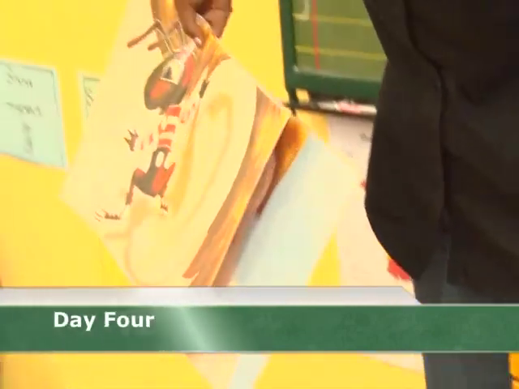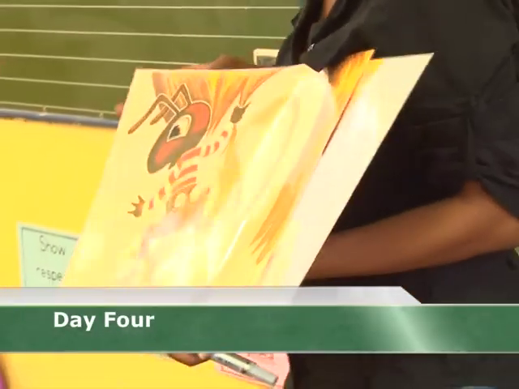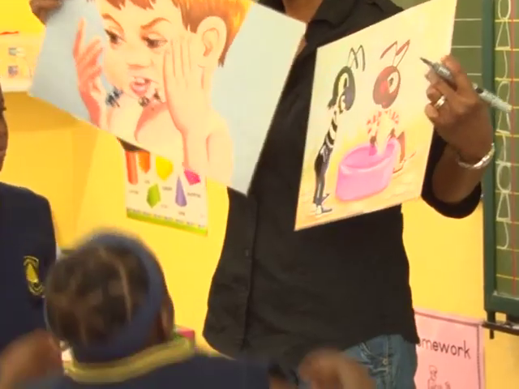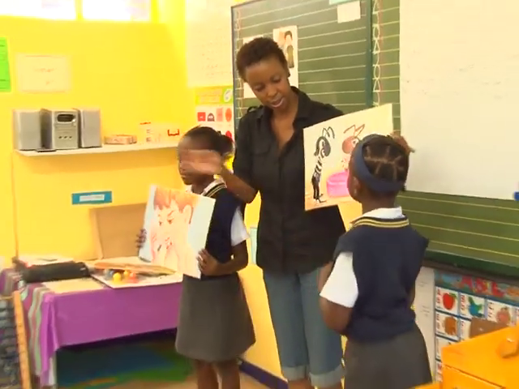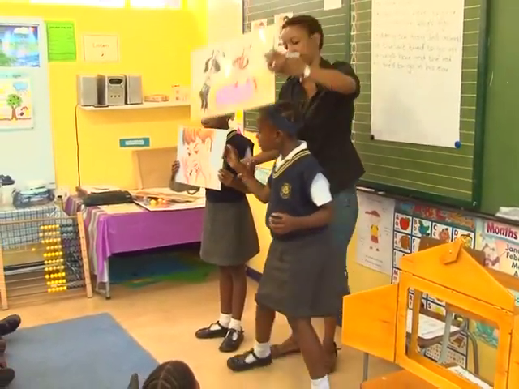So in day 4, we look at the pictures that would make for the ending of our story. And it needs to connect with day 2, the beginning, day 3, the middle, and now day 4, the end of the story. On day 4 of the shared writing, we look at the pictures that would give us the best ending for our story.